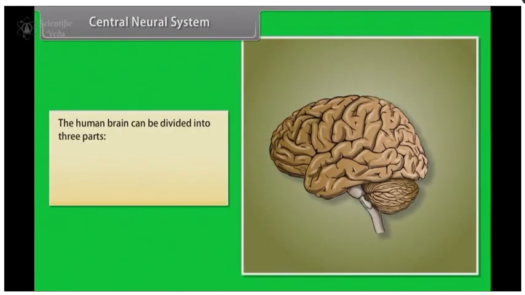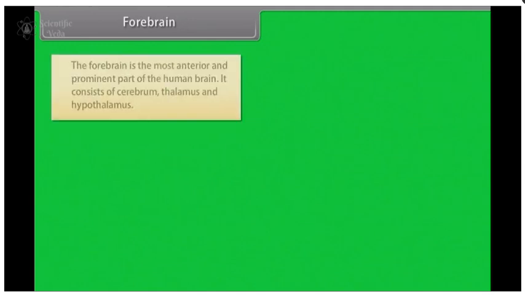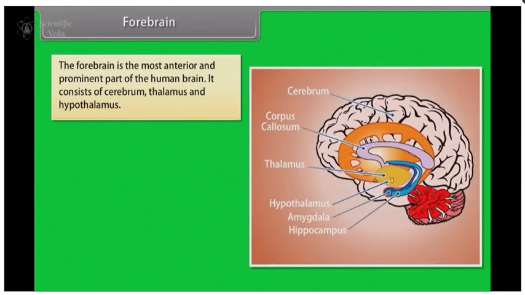The human brain can be divided into three parts: forebrain, midbrain, and hindbrain. Forebrain. The forebrain is the most anterior and prominent part of the human brain. It consists of the cerebrum, thalamus, and hypothalamus.